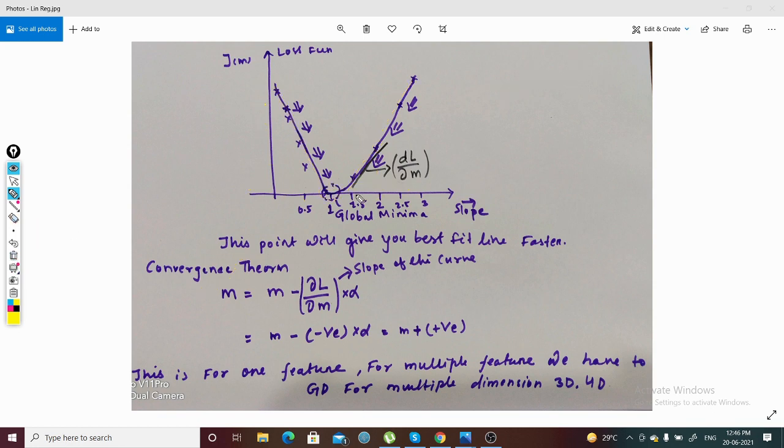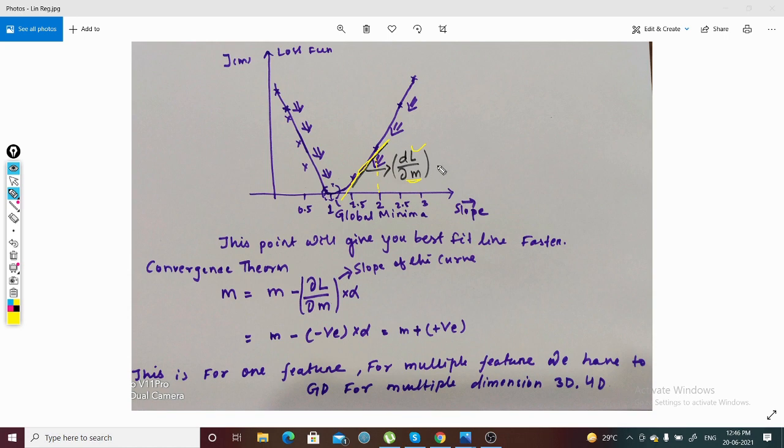For the coefficient 2, we got this loss. Here we need to plot the tangent. We need to see what the change in loss is if we change the coefficient value.